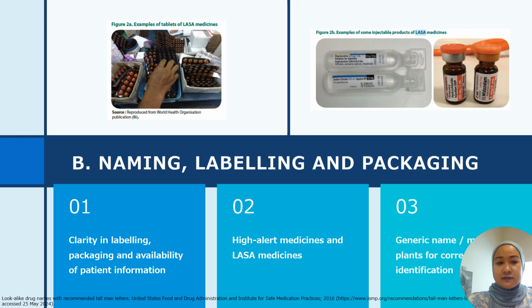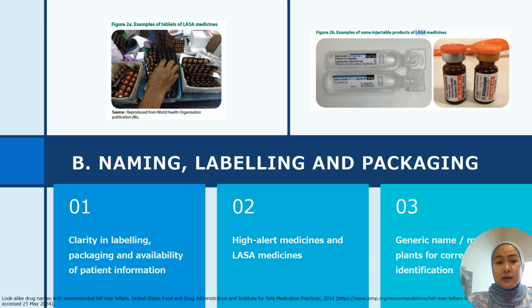The confusing of look-alike and sound-alike LASA names, labeling and packaging are among the frequent sources of error and medication-related harm, with 6 to 14% of all errors mostly coming from LASA products.